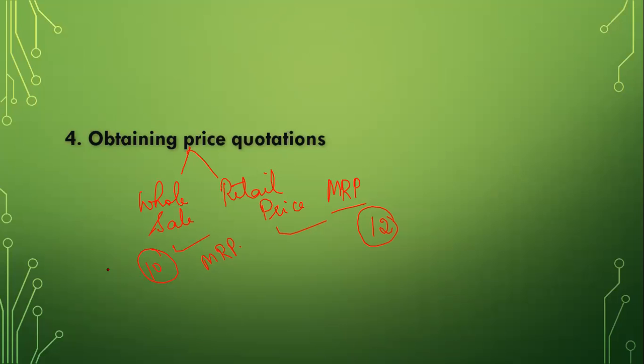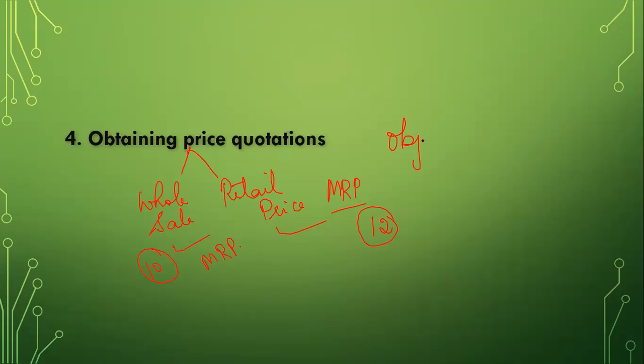So now when you select a particular price quotation, you should know which method you are taking, which index you are taking, whether you are taking the wholesale price index or the retail price index. So even when you select the price quotation, what you have to keep in mind is the objective.